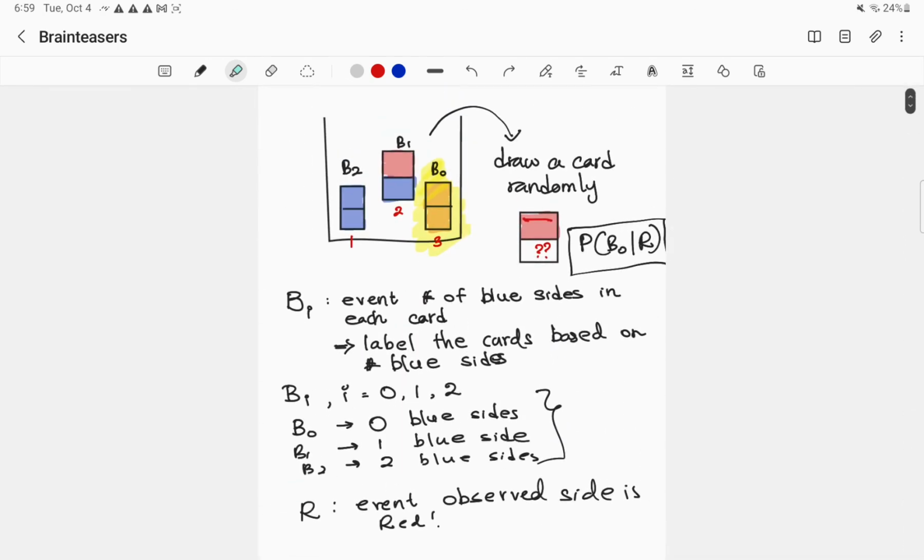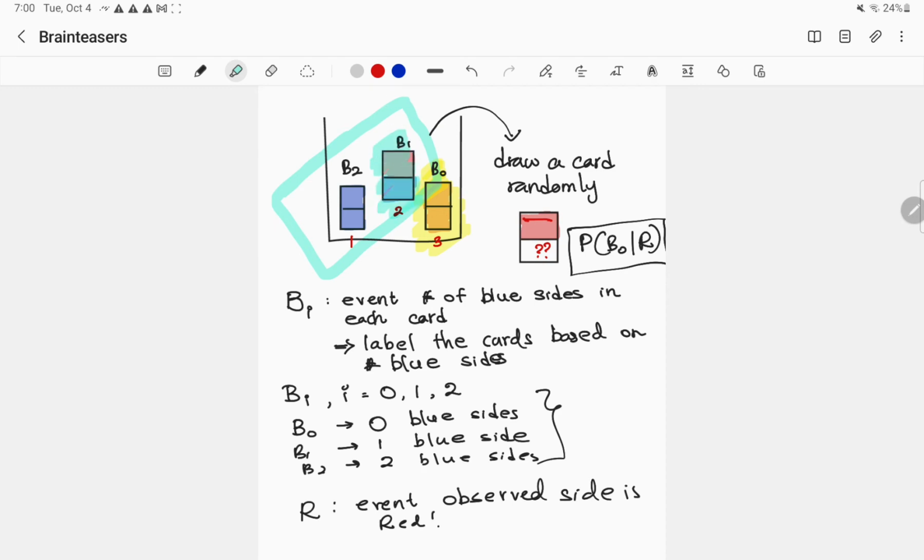Let's find the cards that have one side blue. We have two choices, right? These two cards have at least one side blue. And the probability of knowing one side is blue and the other side being red is 1/2.